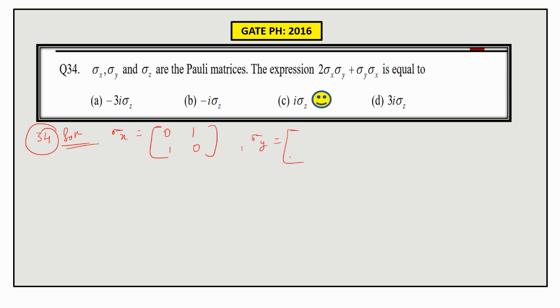Because I have seen the pattern of the GATE examination. I've gone through all the previous year papers and I've seen one question from Pauli spin matrices generally comes all the time. In fact, in 2021 and this year 2022 also, one question from Pauli spin matrices came to the examination.